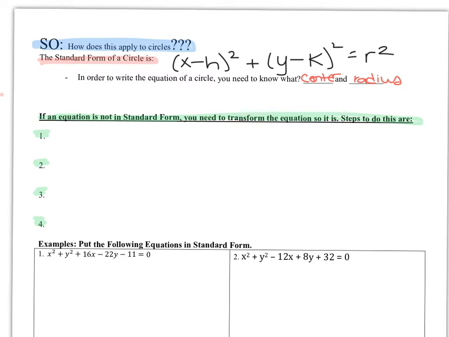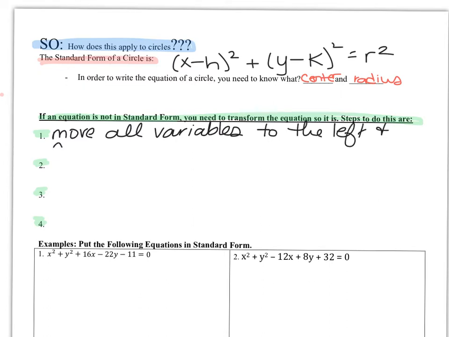Step 1, I'm going to move all variables to the left and constants to the right.